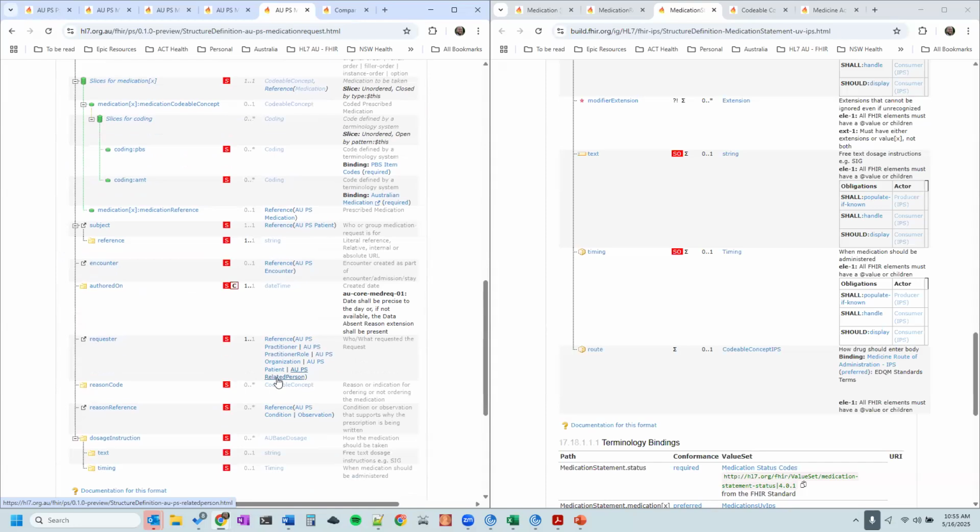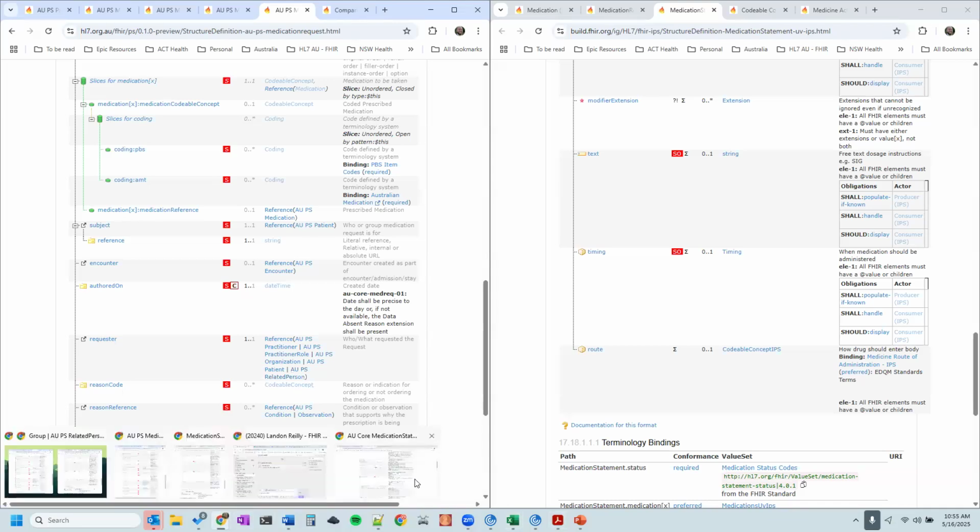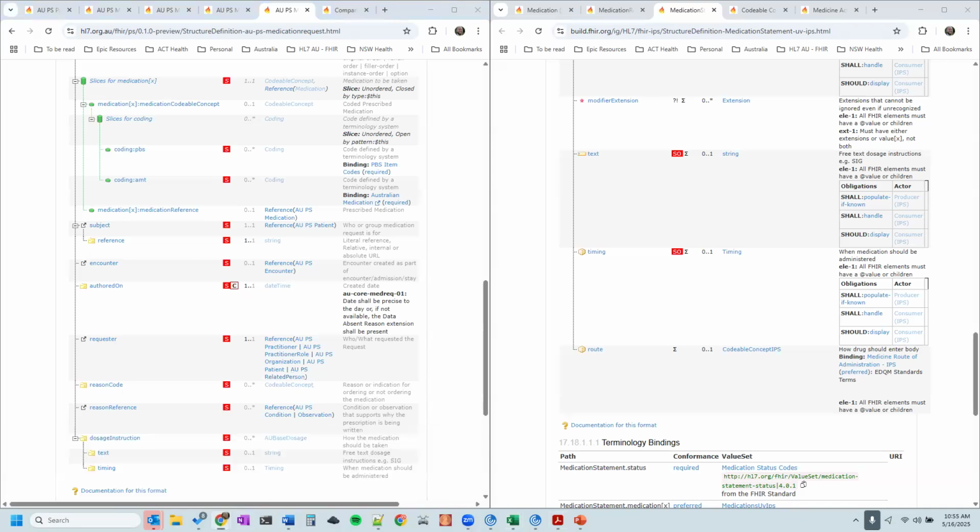I'm opening up probably a wound, to be honest. But I just wanted to highlight that that's how the related person is being used in that resource, to say that a related person can be a requester of a drug. And we're talking about over-the-counter stuff, right? Things that are not prescribed by clinicians.